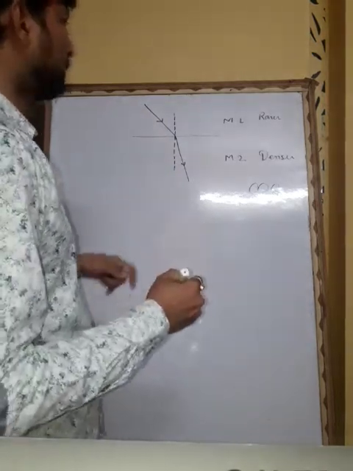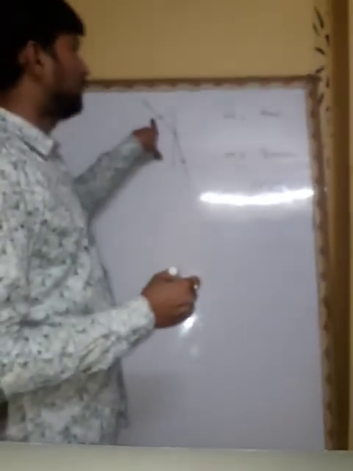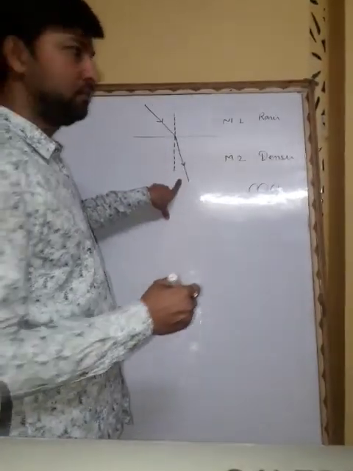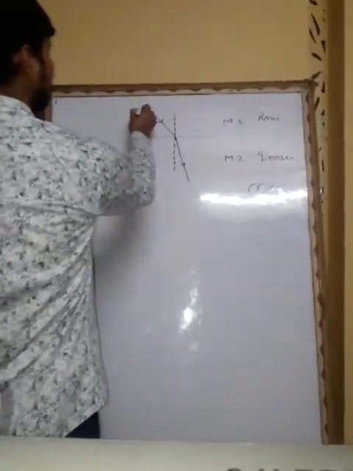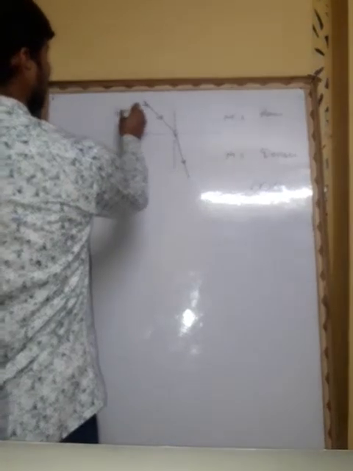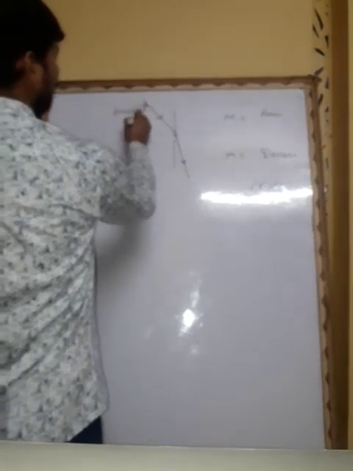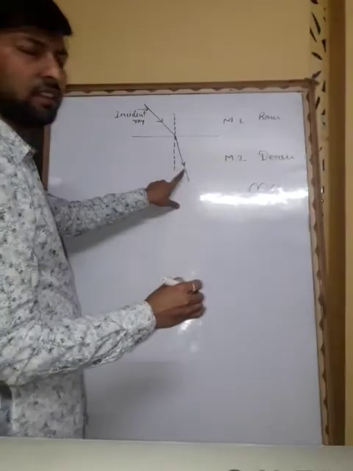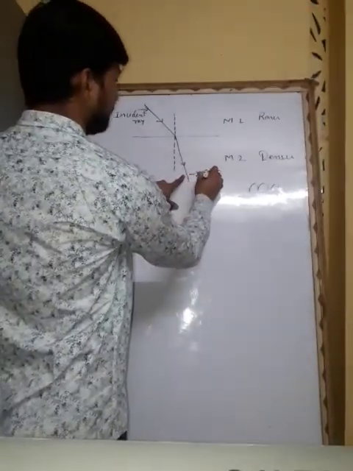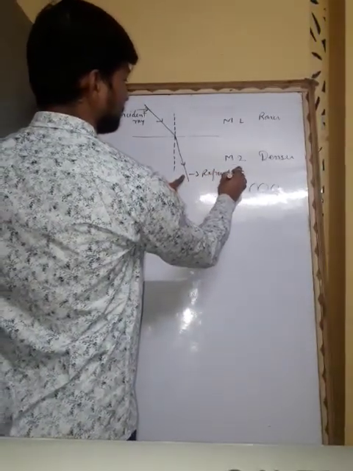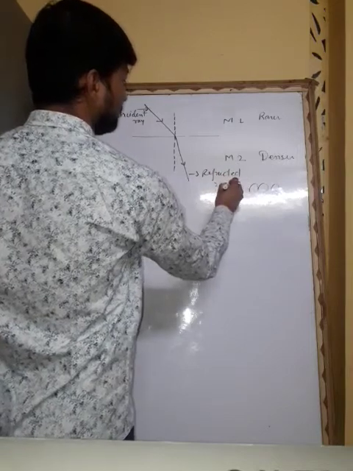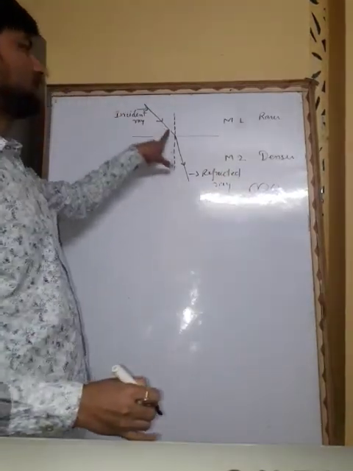Now see, when light comes from one medium to another medium, this light is called the incident ray and this ray is called the refracted ray. This dotted line is called the normal.